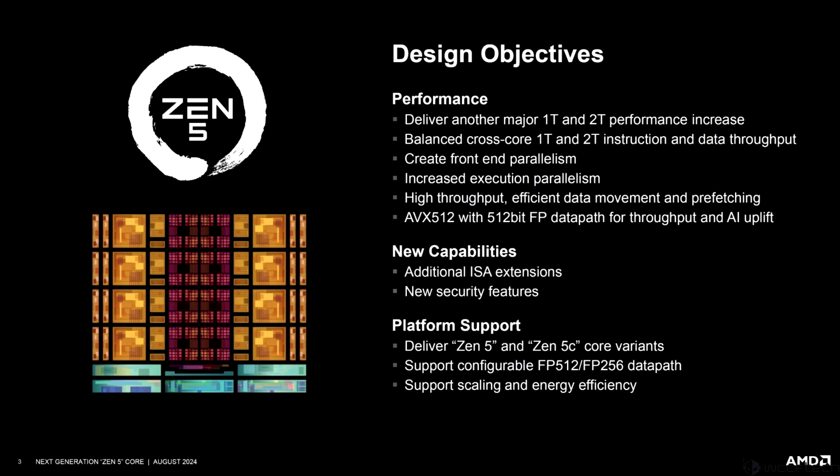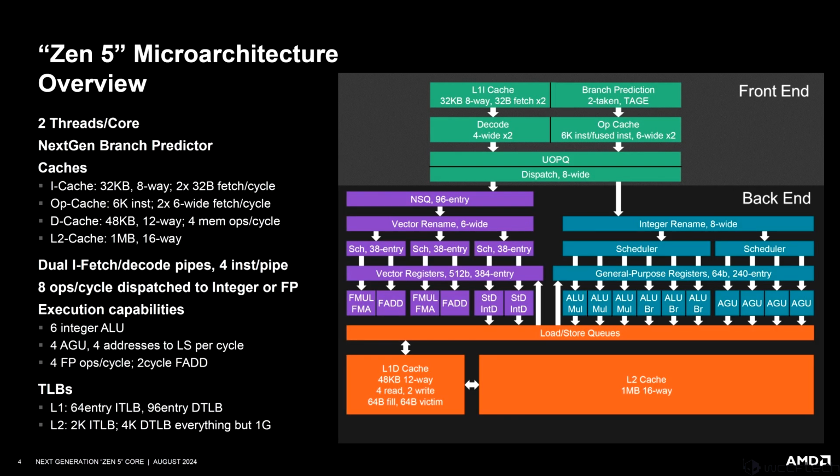FPU, full 512B AVX 512 data paths. FPU, 4 execution pipes. Dataflow, 4 load pipes support 2, 512B AVX 512 pipes. 48K, 12-way L1D cache delivers 4 MEMOPs per cycle. 2x with L2 cache and L1I and L1D caches.